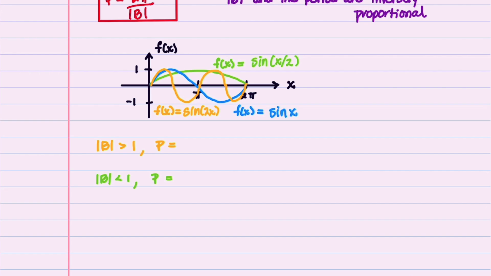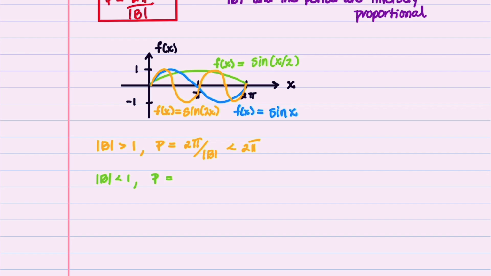If the absolute value of b is greater than 1, as in our orange graph, our period, 2 pi over the absolute value of b, is going to be less than 2 pi. And this causes our function to compress horizontally.